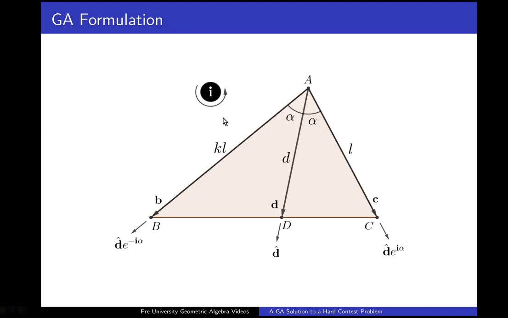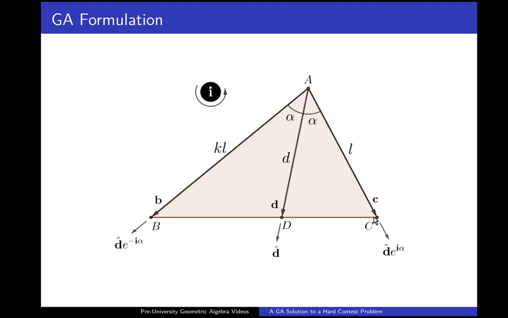Our GA formulation: here is the sense of our unit bivector for the plane. We will define this as our direction of the unit vector d, and then this unit vector is just that same d hat times the exponential of negative I alpha, because we're going in the sense contrary to the sense of the unit bivector.